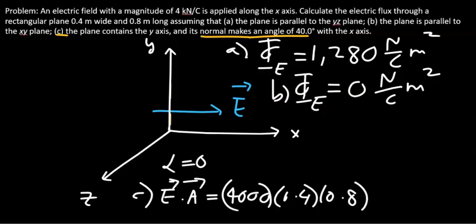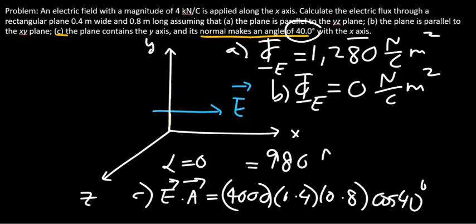The angle between the normal of this plane and the electric field, which is along the x-axis, is 40 degrees. So it is cosine 40 degrees, and that should give you the flux through the third plane. And calculation reveals the answer to be 980 newton per coulomb meter squared.